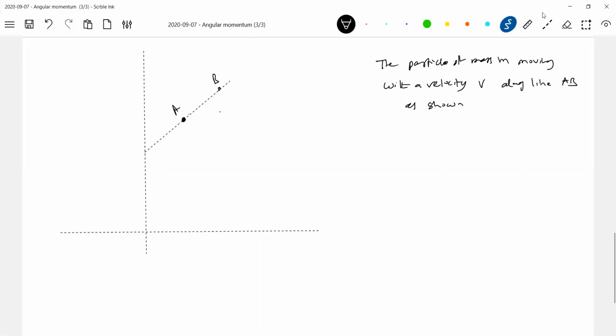Now, I want the relation between angular momentum at A and B, how they are related. It's a straight line making some angle theta. You can extend this line. It is just moving with a constant velocity along the line AB. Then what is the angular momentum of the particle at A and at B? Is LA greater than LB, or LA less than LB? Can any relationship be determined?